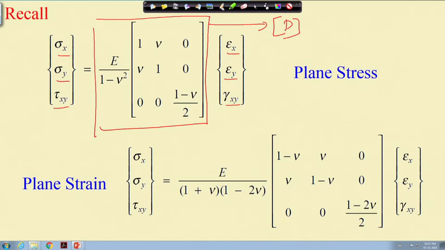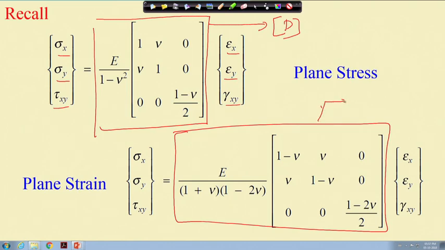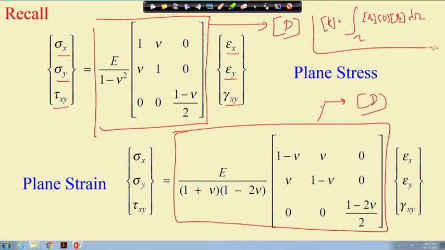Again, this is essentially the D for the plane strain problem. So, already we know what D is, and we know that the stiffness matrix K is equal to the integral of B transpose D B d omega. This is the stiffness matrix. So, in this stiffness matrix, we already have D for the 2-dimensional problem.